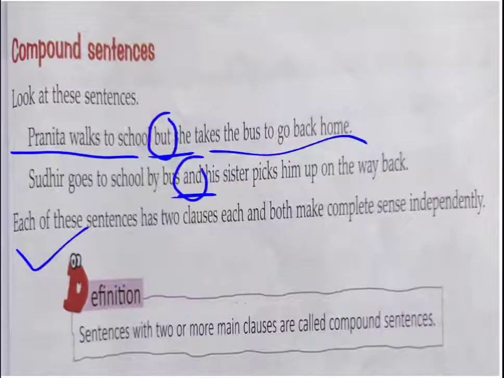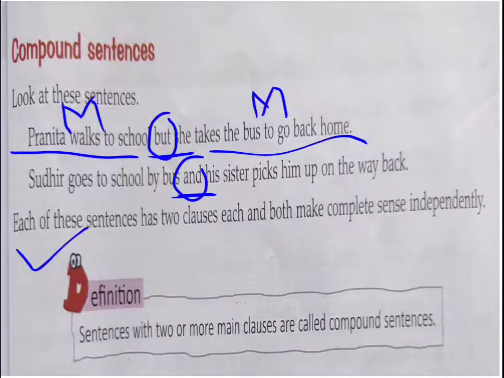That dependent clause depends on the main, independent clause. But here in a compound sentence, both clauses are independent. Independent means both are main clauses. Got it, students? In a complex sentence, one is a main and one is a subordinate clause. But in a compound sentence, both are independent. This means both are main clauses.